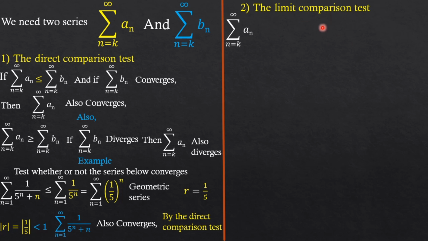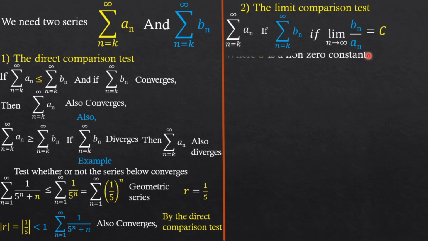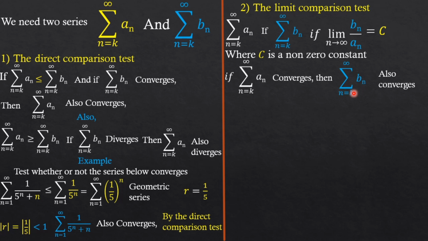Now, the limit comparison test is simply saying that if we have another series, such as the series as n goes from k to infinity of bn, and if the limit as n goes to infinity of bn over an gives us some constant, which we can call c, where c is a finite non-zero constant, then we can conclude that if an converges, then bn also has to converge, or the series of bn also has to converge.